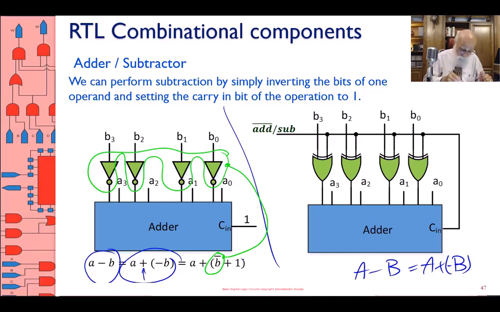Now that I need a 1 to be added to the b complement, I can just bring in this 1 and put it in the carry in, which otherwise would be useless. Which otherwise I would be putting a 0 in it.